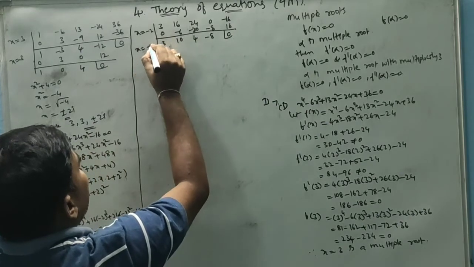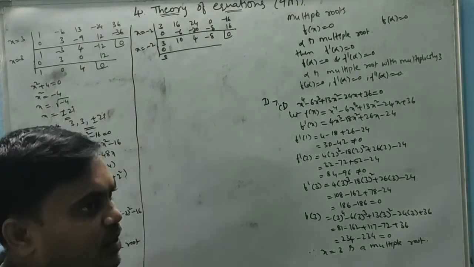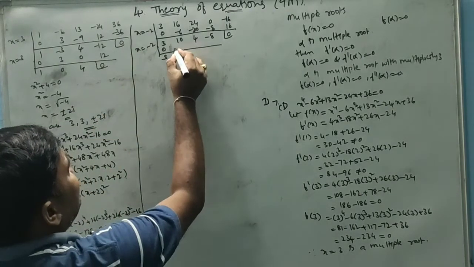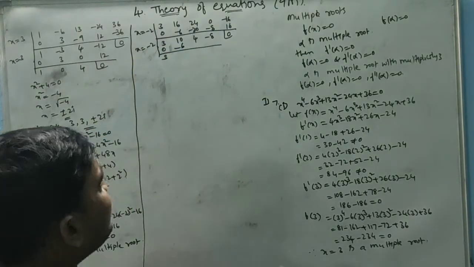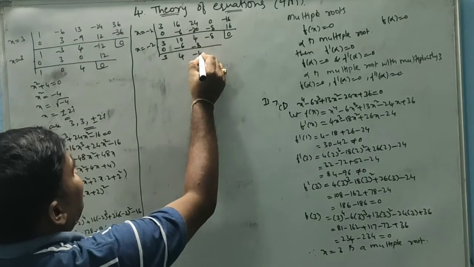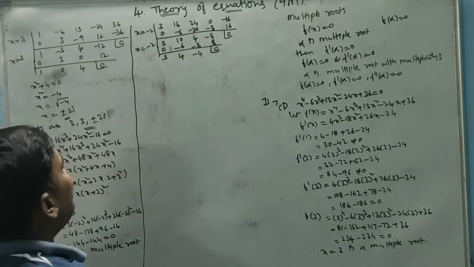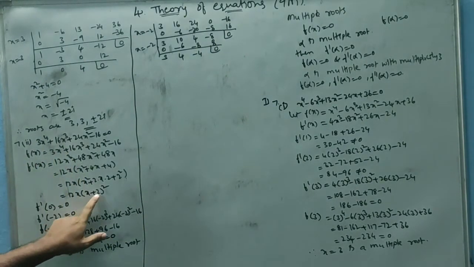Again x equal to minus 2: 0, 3 plus 0, 3. Minus 2 into 3, minus 6. Next, 10 minus 6, 4. Minus 2 into 4, minus 8; 4 minus 8, minus 4. Minus 2 into minus 4, plus 8, 0. So already we knew that f dash of x has x plus 2 whole square.